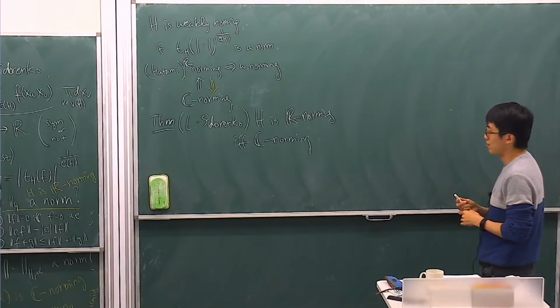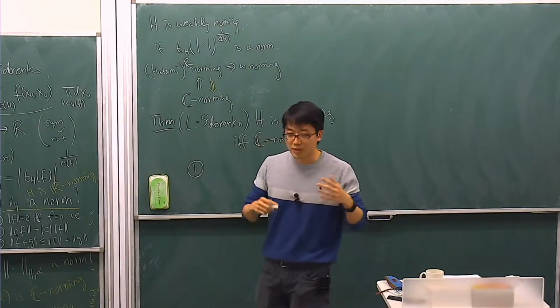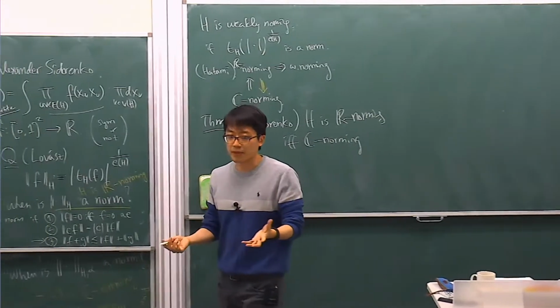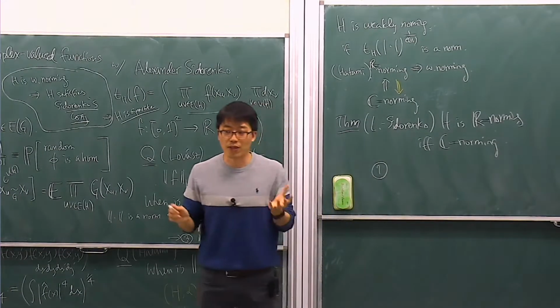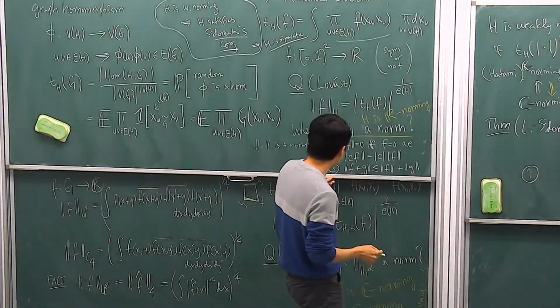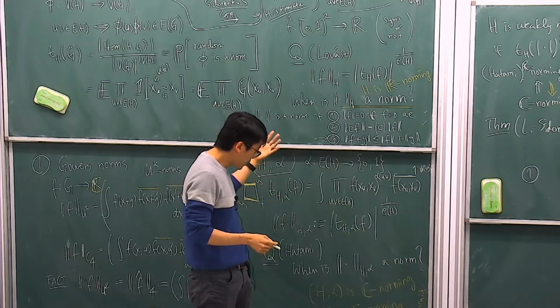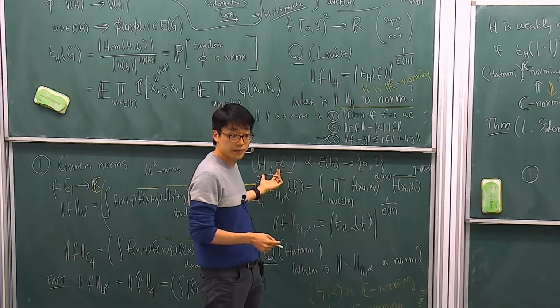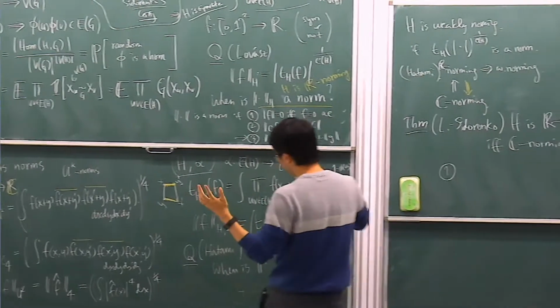Firstly, even with some very specific example of a real norming graph, it is not so easy to construct a two-edge coloring alpha that gives you a complex norming colored graph. Let me give you some more examples.